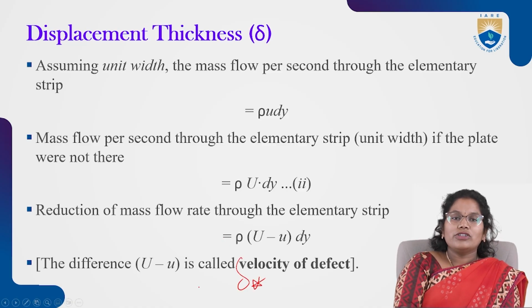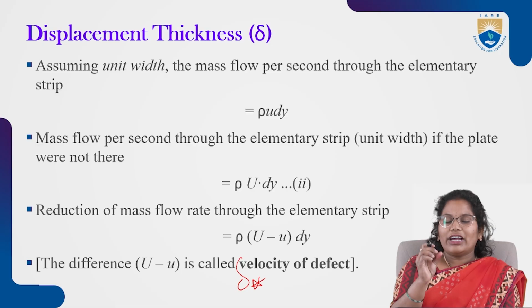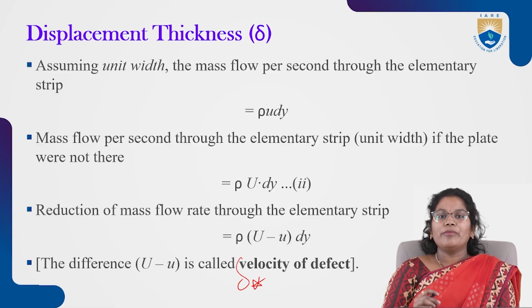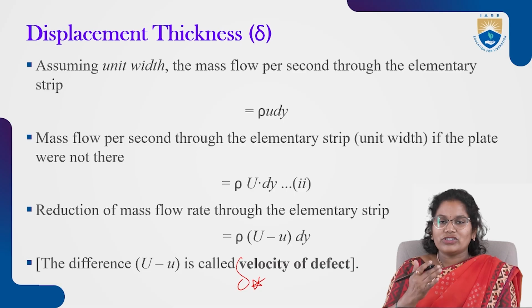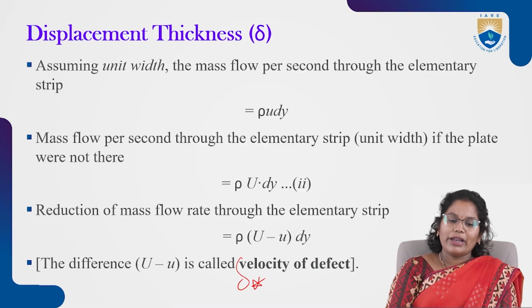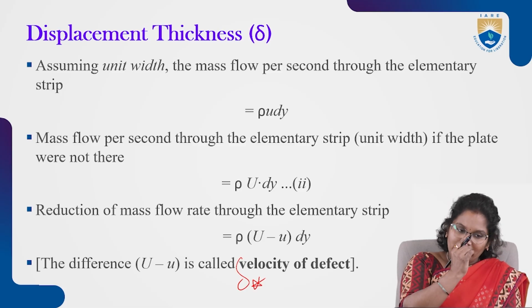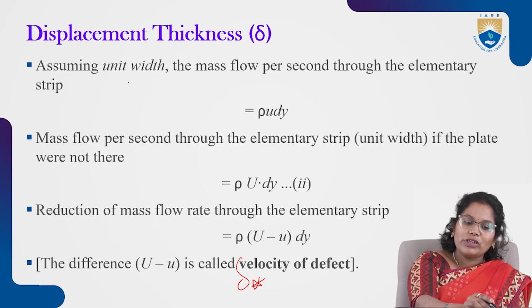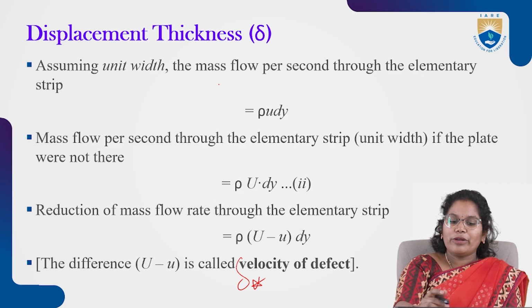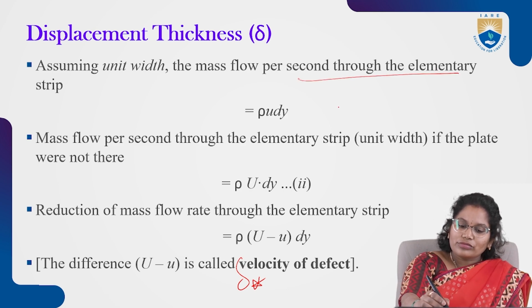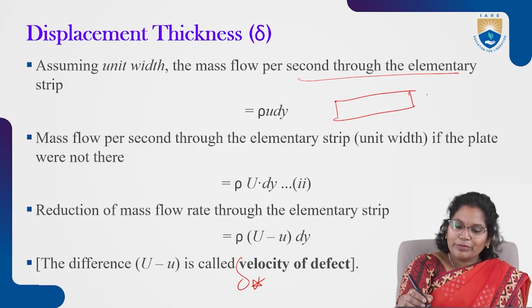For that, we take a small elementary strip of thickness dy, at a distance y from the stationary plate. Before entering, the fluid velocity is the free stream velocity, capital U. Here, assuming unit width, consider the mass flow rate per second through the elementary strip.